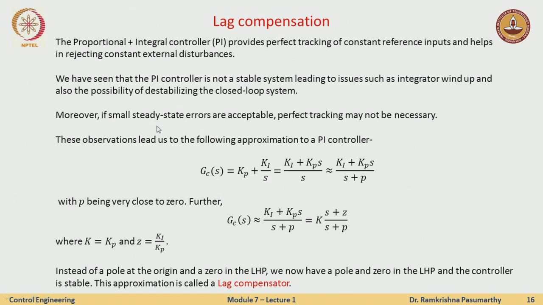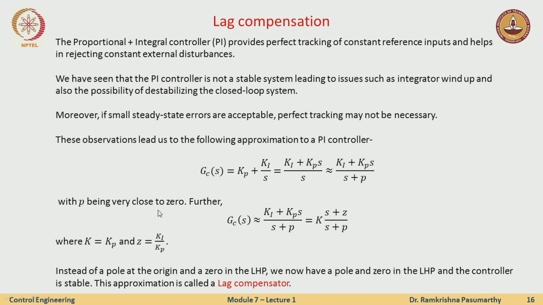Now these things lead us to the following approximation of a PI controller. We start with the ideal one, which is Kp plus Ki over s, that is Kp times (s plus Ki over Kp) over s, but I add not a pole at the origin, but very close to the origin, could be as much as 0.01, with p being very close to 0.